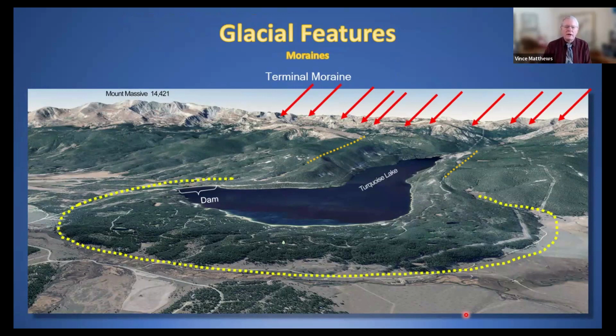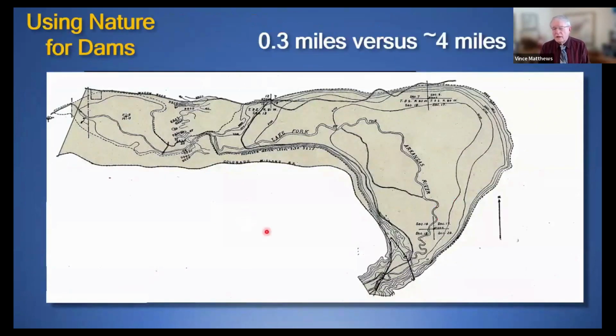This dam is right here, and I'm pointing this out for a reason, which you'll see in just a minute. That dam is right across here. There was a study in the 1880s by the federal government to see where would be a good place to build dams.